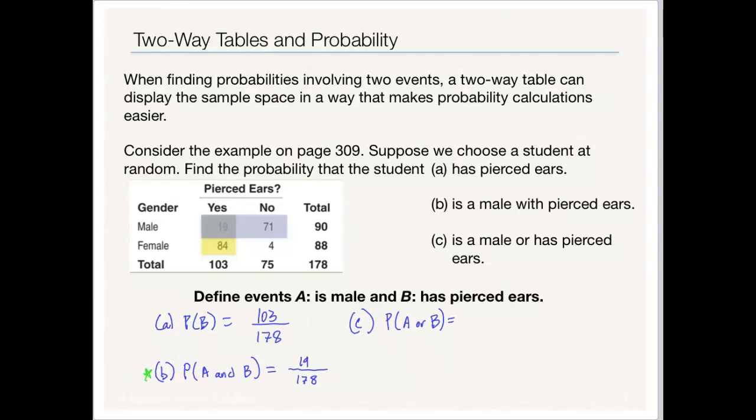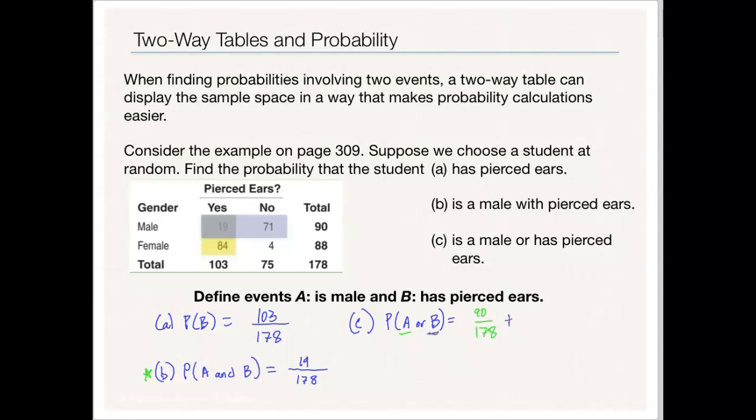If I go, okay, well, let's just add together the probability that they are male. So the probability that they are male is what? It's out of 178. How many total males are there? 90. Yep. So the probability that they're a male is 90 out of 178. And if I go, okay, what's the probability that they have pierced ears?